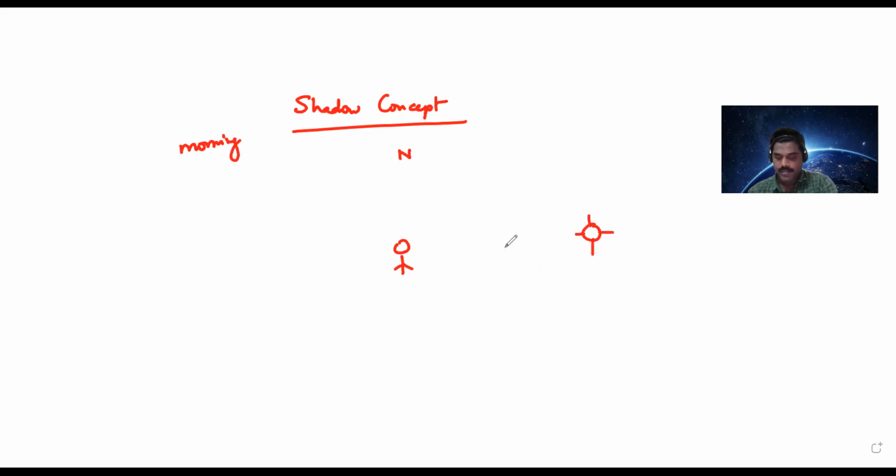So your shadow will fall towards your left. And if it is in the evening, the sun sets in the west. So your shadow while facing towards north will fall towards your right.